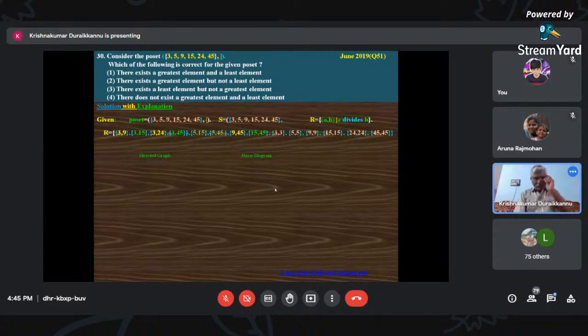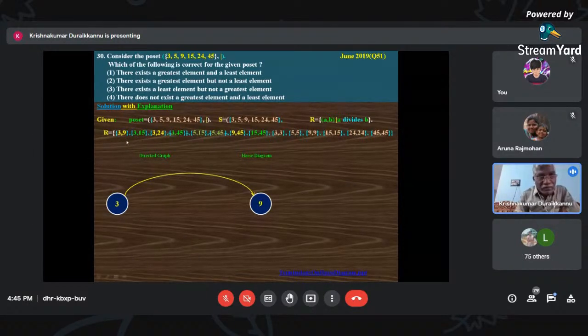First we have to draw the directed graph. So we can draw the directed graph: 3, 9. The headed arrow goes from the numerator. 3 divides 9.